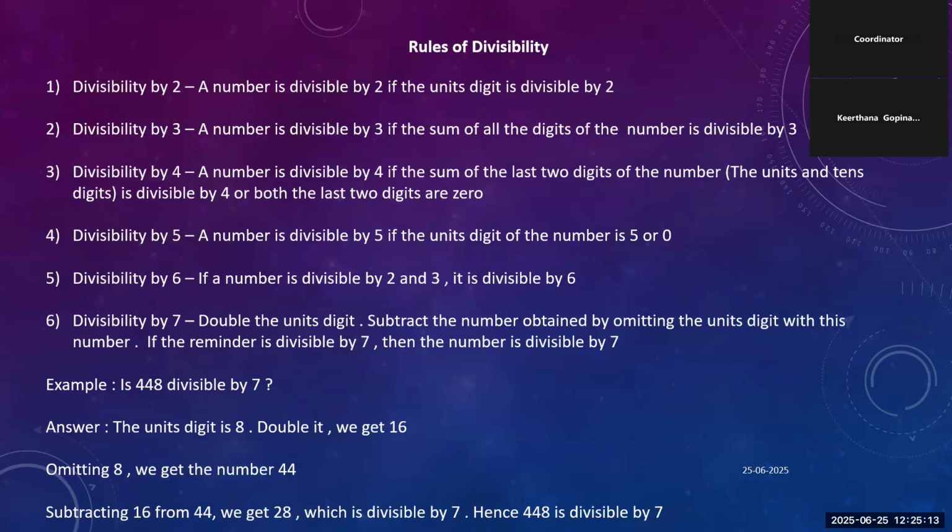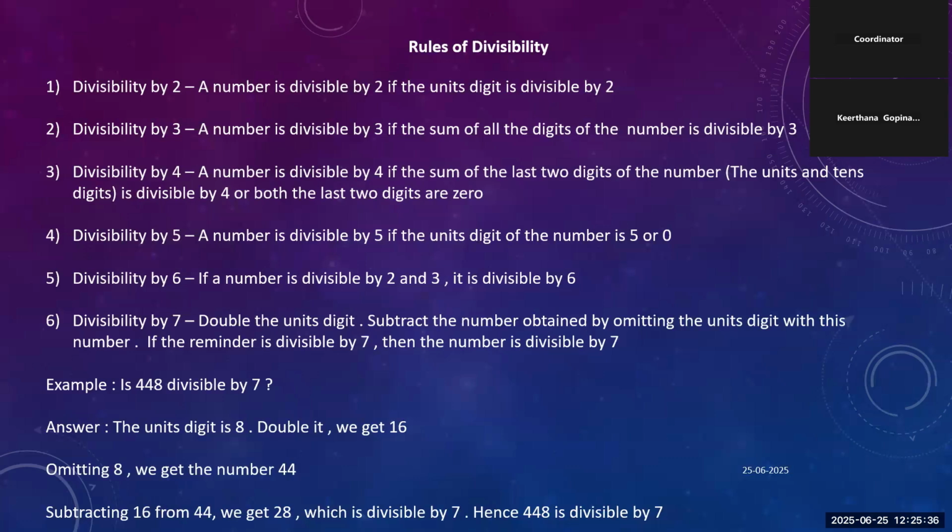285. How do you say that? It ends with 5. No, because it ends with 5, will it be divisible by 3?